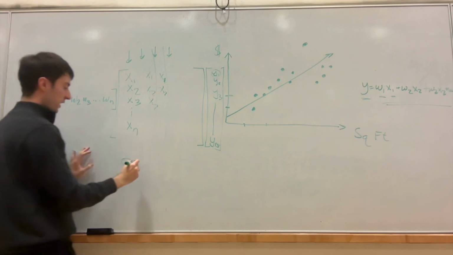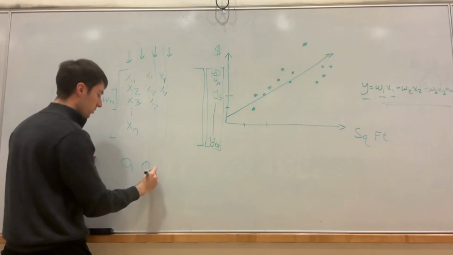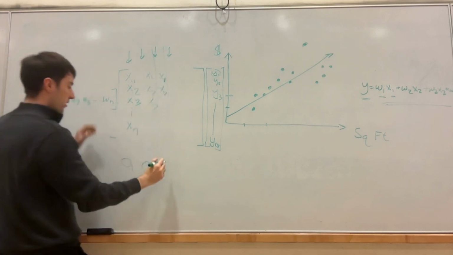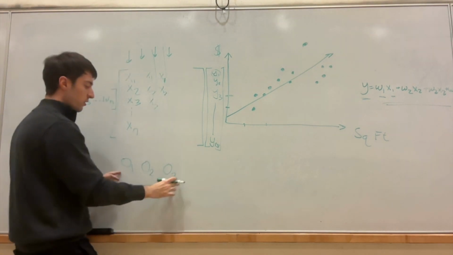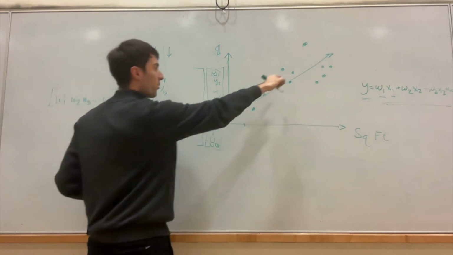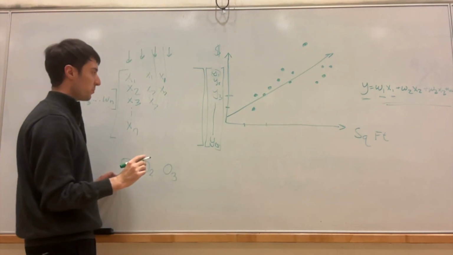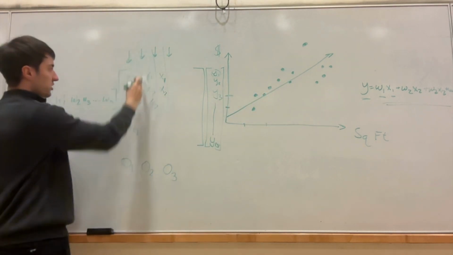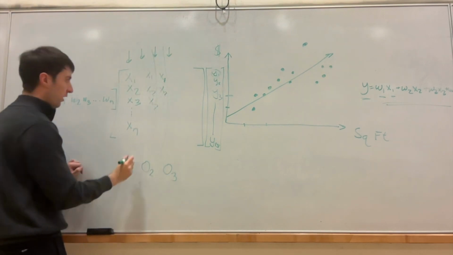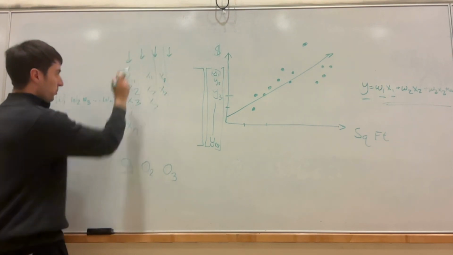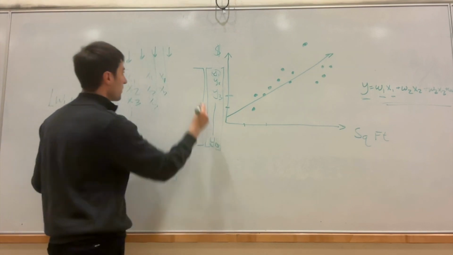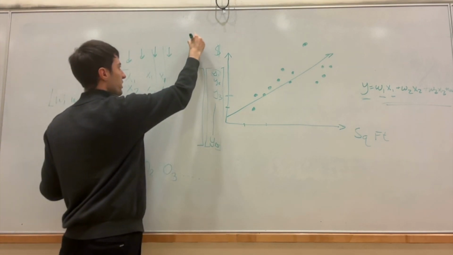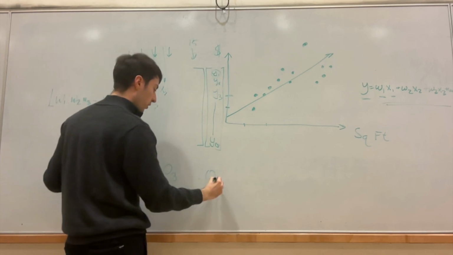Now we have O2, O3, and then we have an output for however many data points we put in, right? Each of these is going to come out with one output, all the way, however many. Let's say we have 15, so we're going to have output 15.